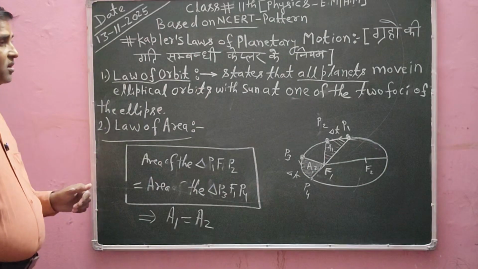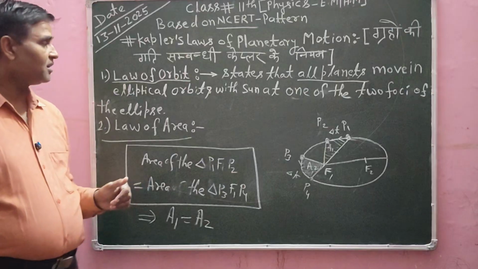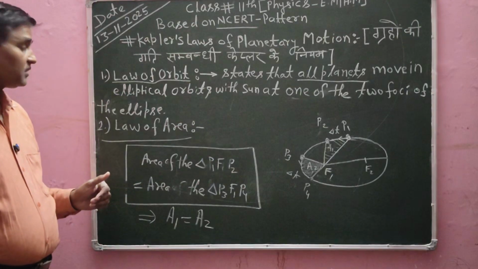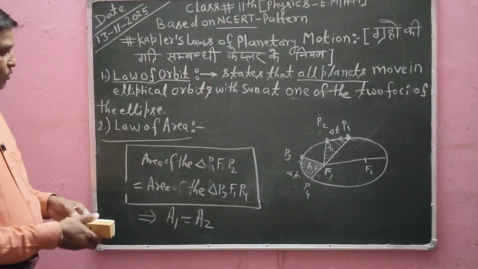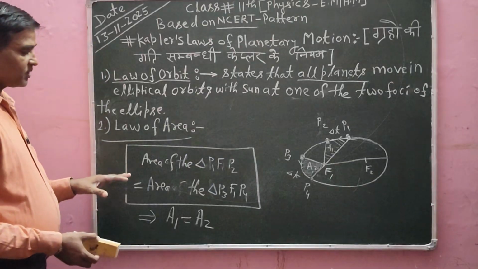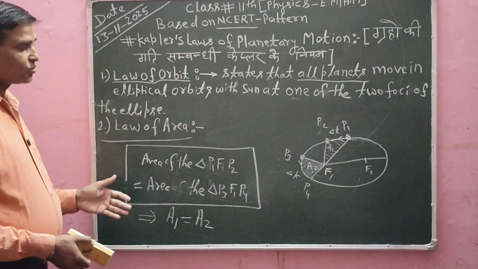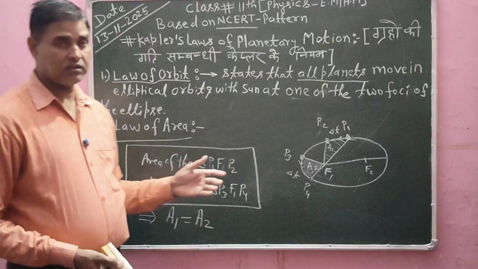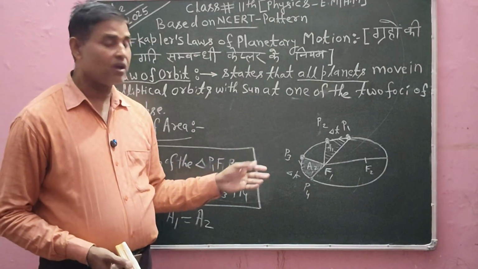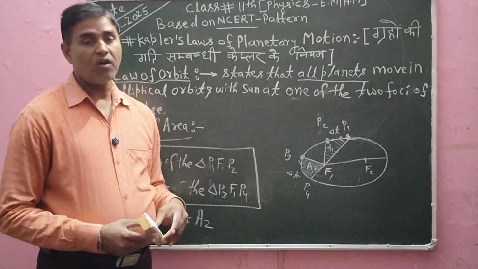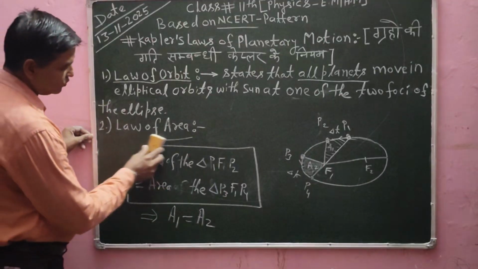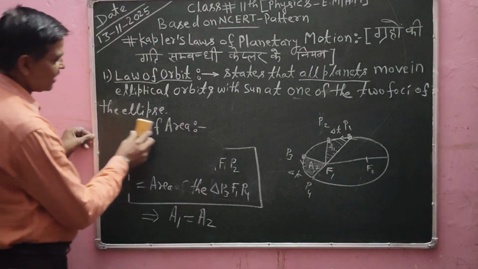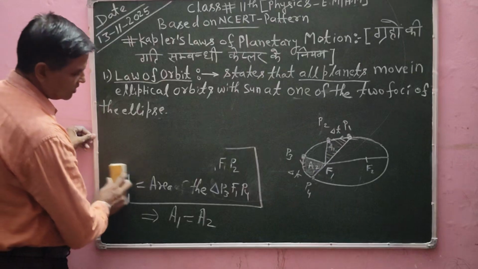Okay. Now the third law, which is given by the scientist Kepler, that I will also explain. Here I am going to erase this topic, and after erasing, I will also give the third law, that is the law of period. Okay, now I am going to erase it and then I will give its third concept.